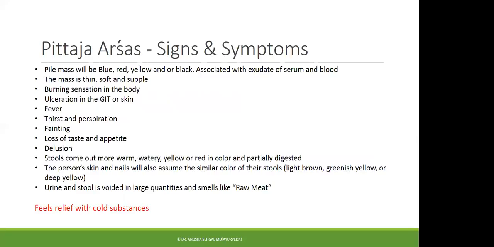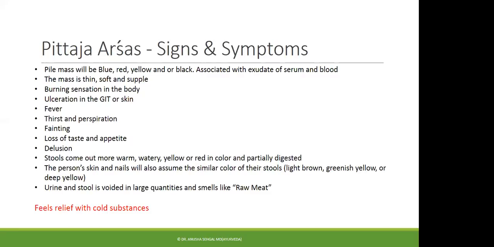So it's somewhat like serum tinged with blood. The pile mass tends to be thin, soft, and supple. It's not as big. Vātaja tends to be more rough and not necessarily so round. It's sort of an irregular shape. The Pittaja tends to be smaller and thinner. And we'll see in the next, the Kaphaja tends to be very round and large and hard, okay?